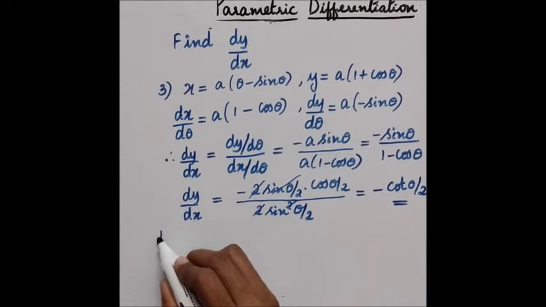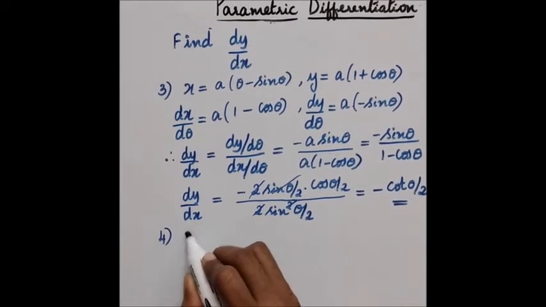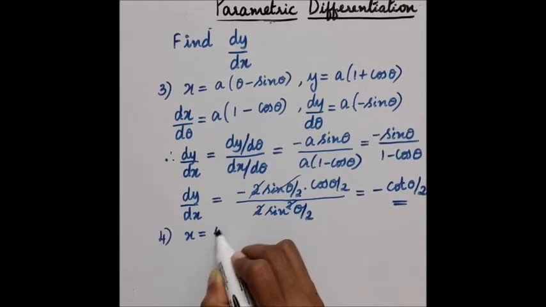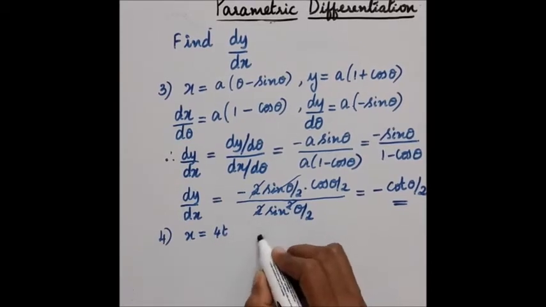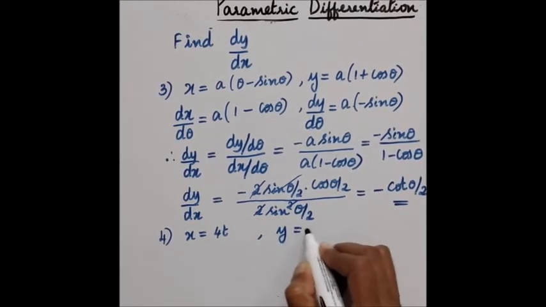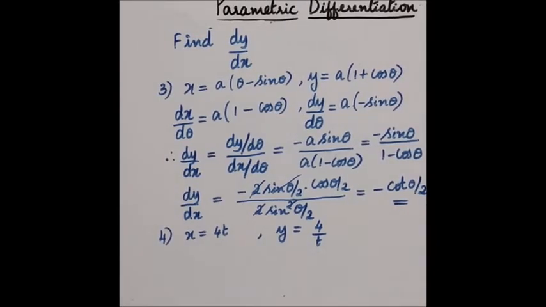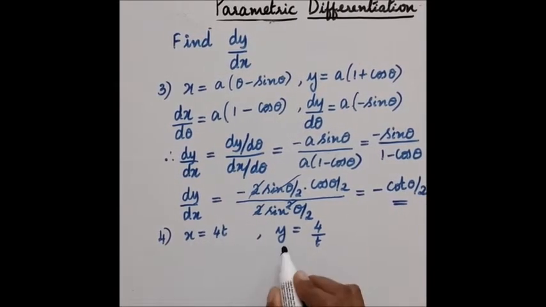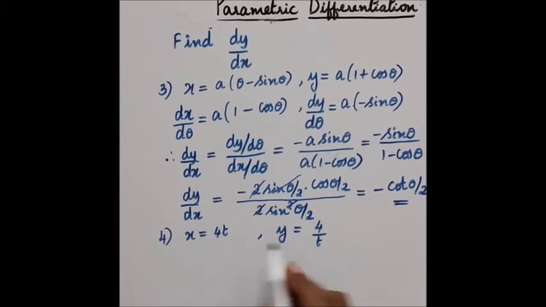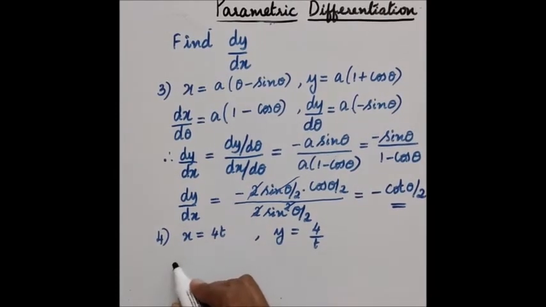The next question, x is equal to 4t and y is equal to 4 by t. x and y are the functions of t. Here the parameter used is t. Okay. So let's differentiate x and y with respect to t.